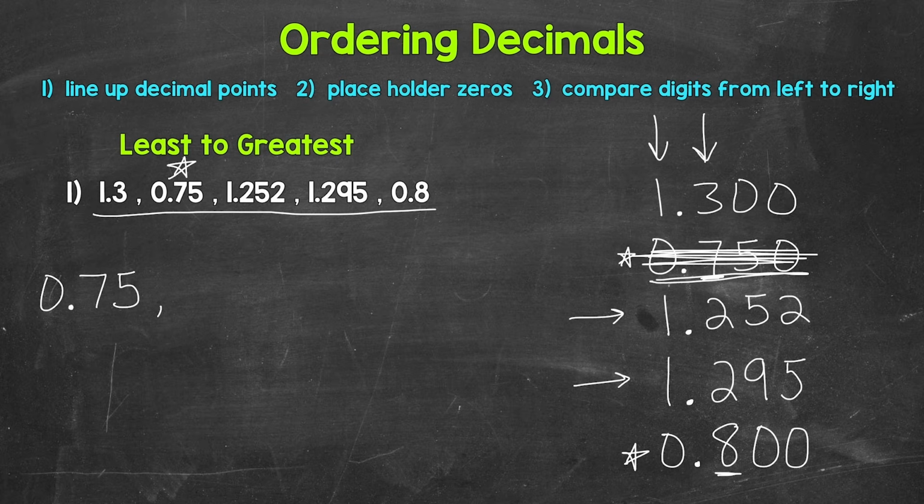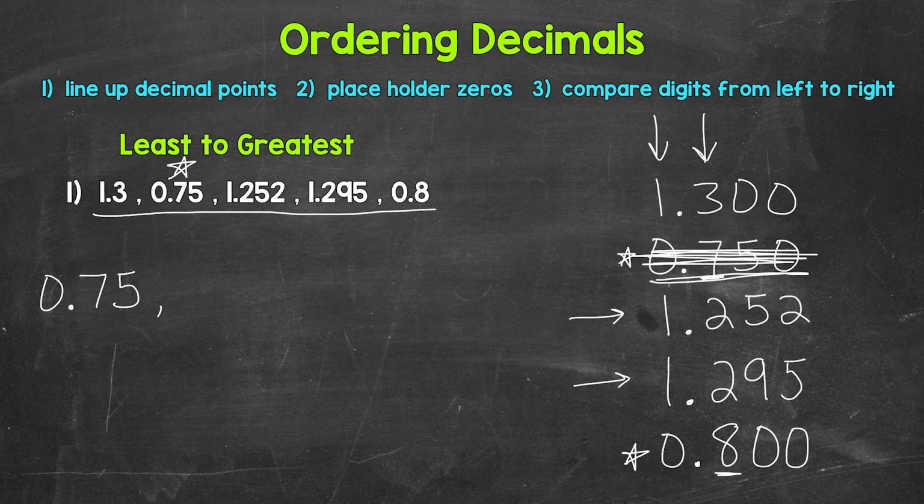Now, before moving on, I do want to mention another way to think about this. We can think in terms of the entire decimal part here. We have 750 thousandths compared to 800 thousandths. 750 thousandths is less than 800 thousandths. Now back to what we have remaining, and we start the process over.